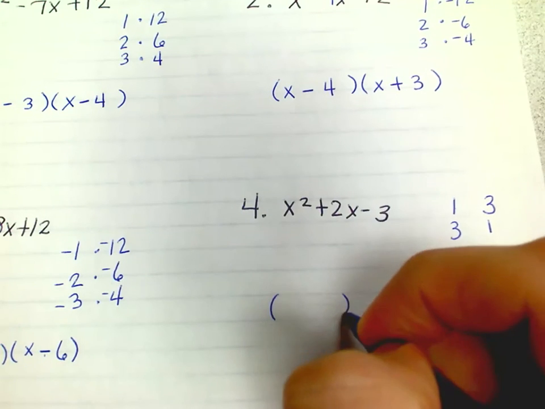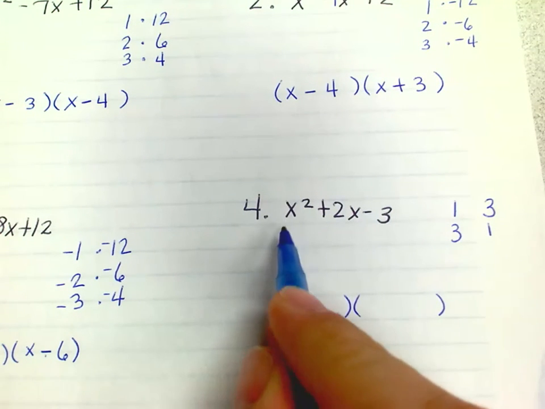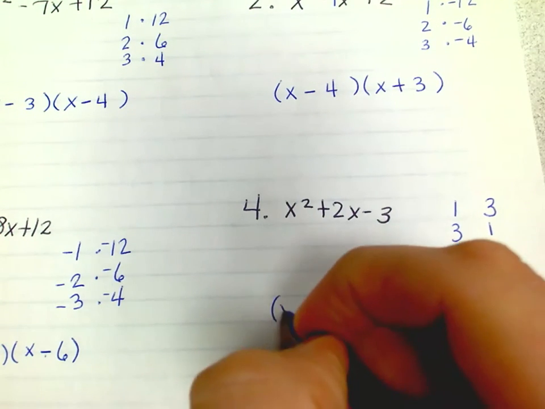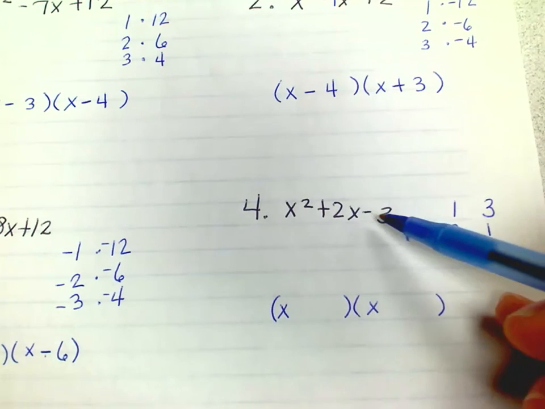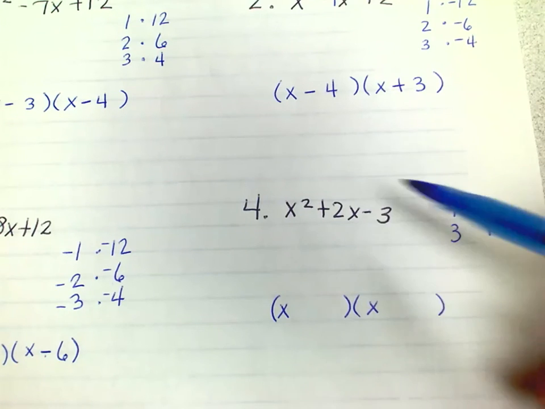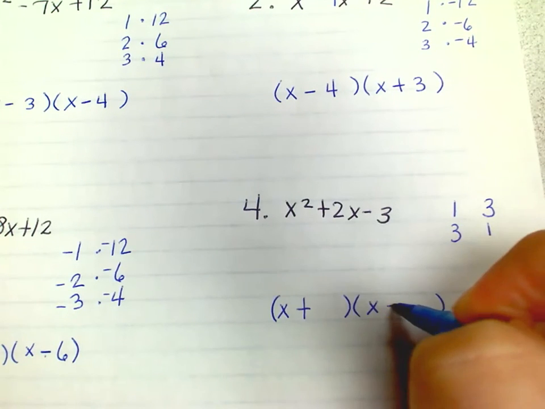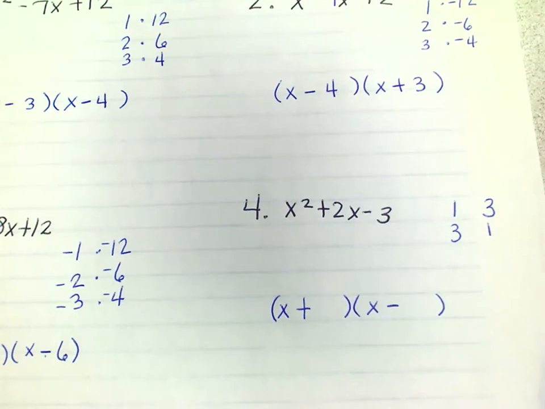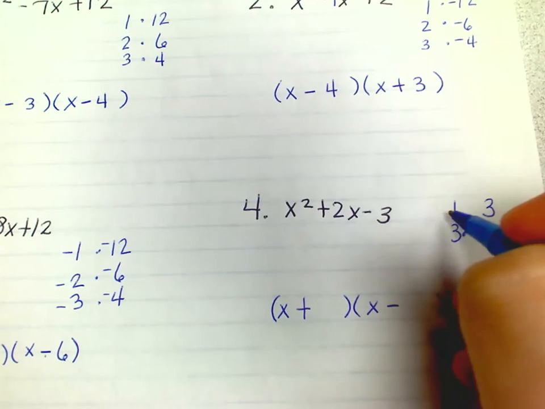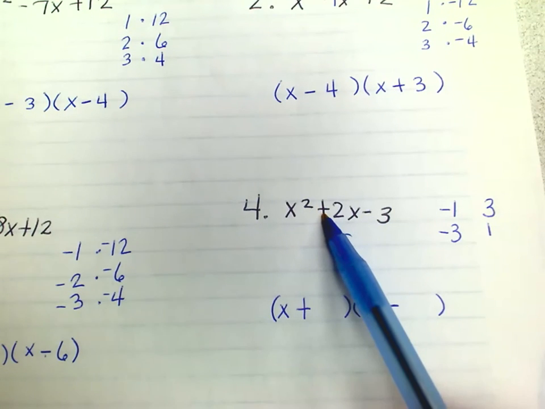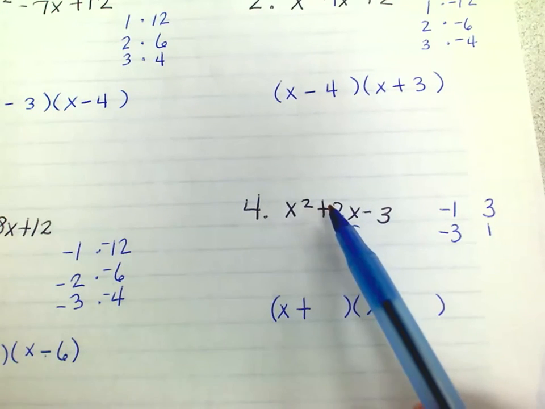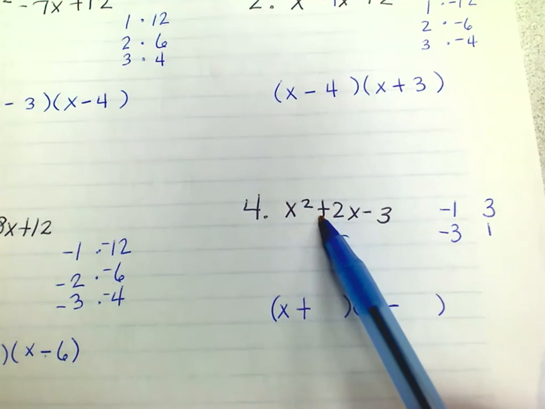So let's start off by opening up our parentheses. Again, since the coefficient is 1, let's place an x in each set of parentheses. The minus sign of c tells us that there's going to be a positive and a negative. So since we've got these cases, let's make each of these a negative, just to see how they would combine together. So we're looking for a positive. And remember, with our sign properties, the positive goes with the higher of the numbers.